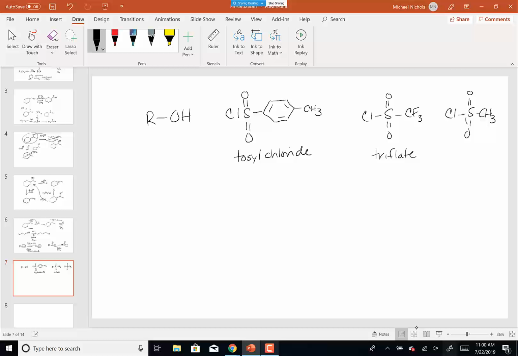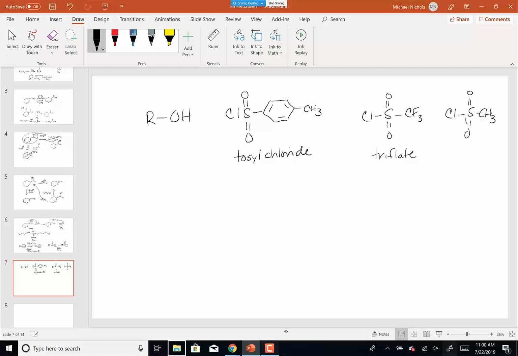Triflates are great, but they have a tendency to react with any and all OH groups, or any and all oxygens, whereas the tosyl chloride is a little more controlled. So here's what happens.